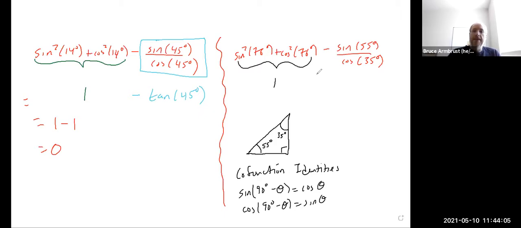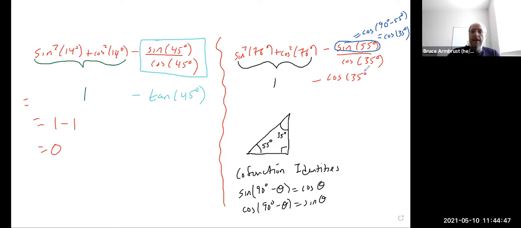All right, so what this tells me from my complementary angles and cofunction identities is that, for example, this top one, sine of 55 degrees, is actually the same as the cosine of 90 minus 55, which is the cosine of 35 degrees. So sine of 55 and cosine of 35 are identical.